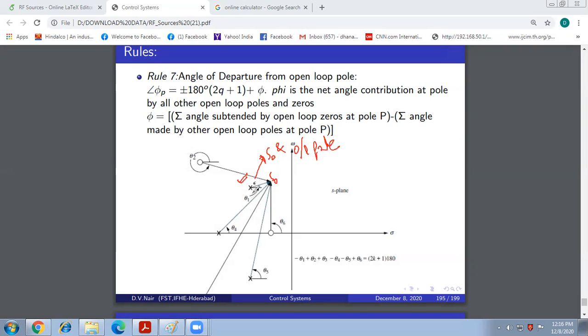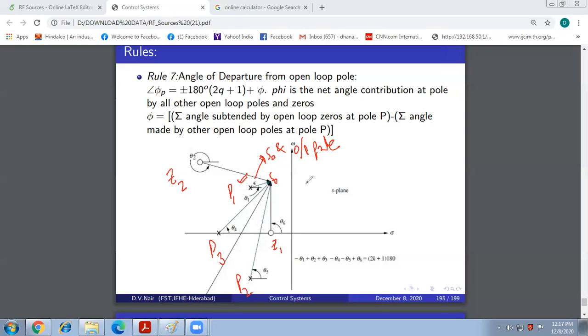We have seen in our last class that we have three poles. These two are the complex poles, this is pole P1, its accompanying conjugate P2, and you have a real pole lying on the negative real axis, P3. You have one zero Z1 on the real axis, and another complex zero Z2.